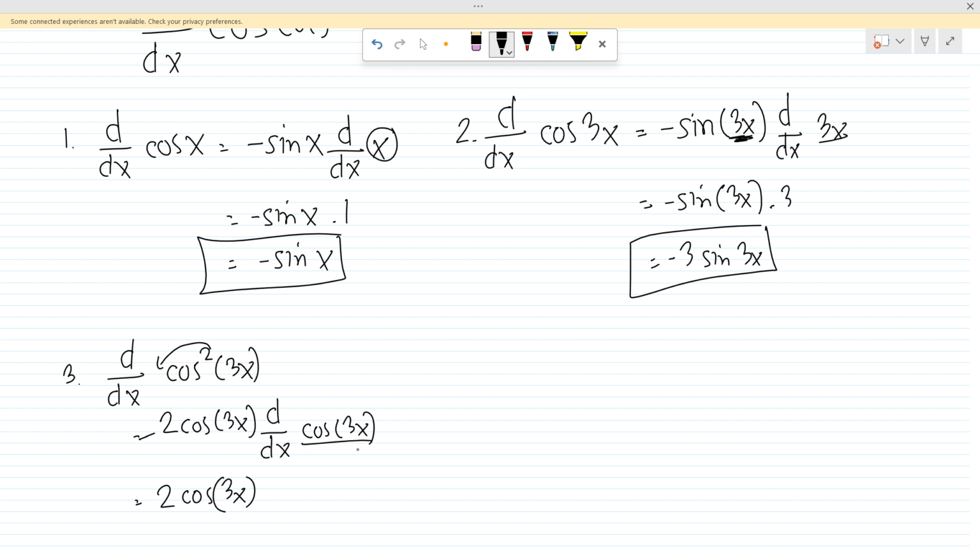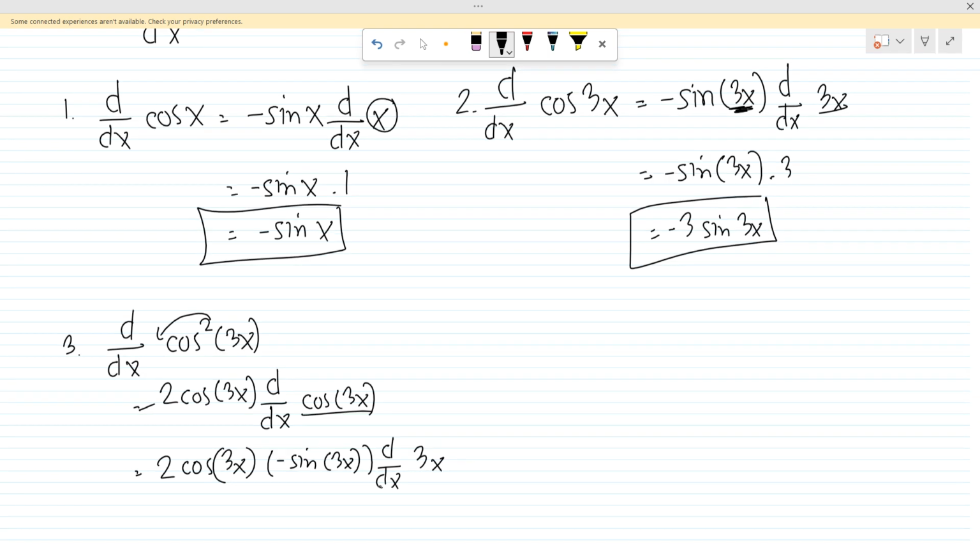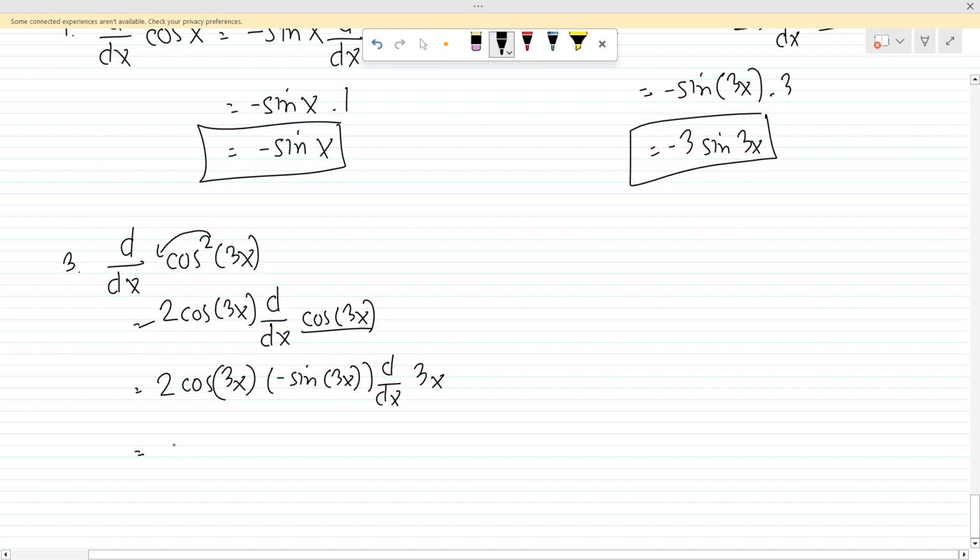What is the derivative of cosine 3x? That would be negative sine of 3x. Then take the derivative again of 3x. So we have negative 2 cosine of 3x sine of 3x. Then, what is the derivative of 3x? That is positive 3.